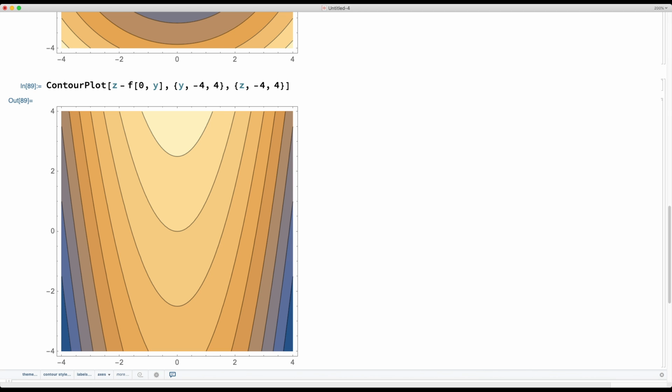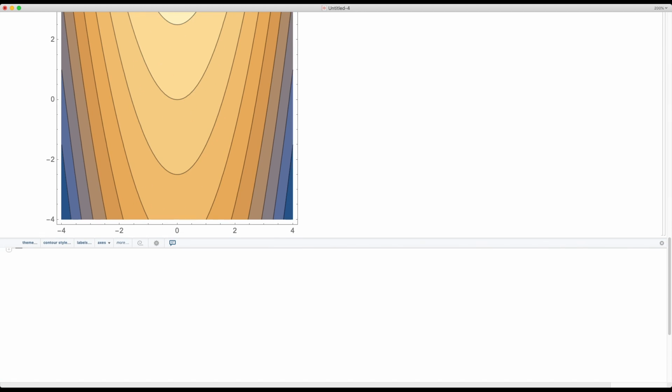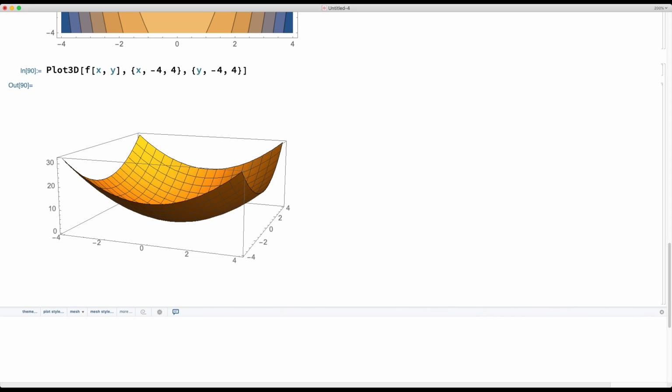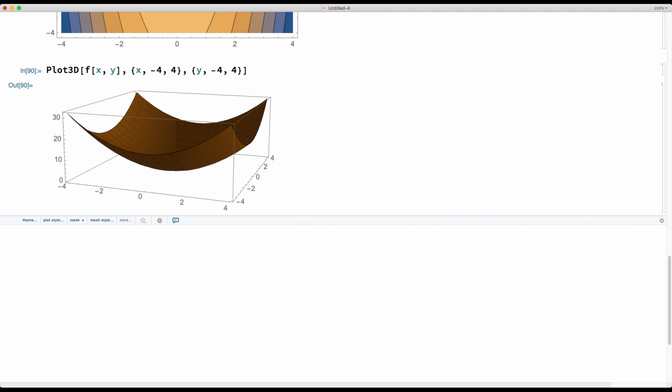Kind of, except upside down. And it's slightly different because there's no square root here. So it basically looks like a parabola that has been revolved around the z-axis.